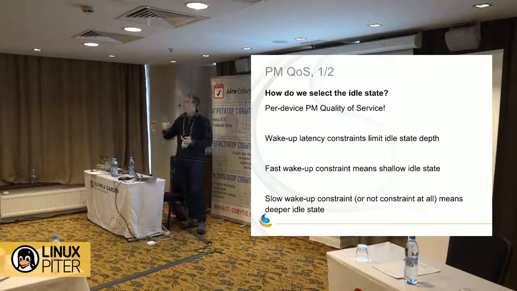Instead, you need to hit a more shallow idle state so you can come back quickly and satisfy that software constraint. So this is really all about wake-up latency constraints, and PMQoS is how we control that. If you don't have constraints at all, or if the constraints are very forgiving, then you can just go into a deeper idle state or turn the whole thing all the way off.